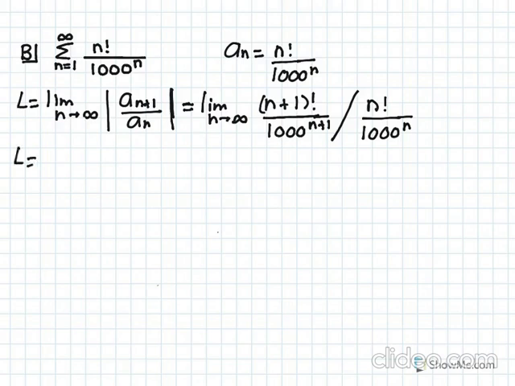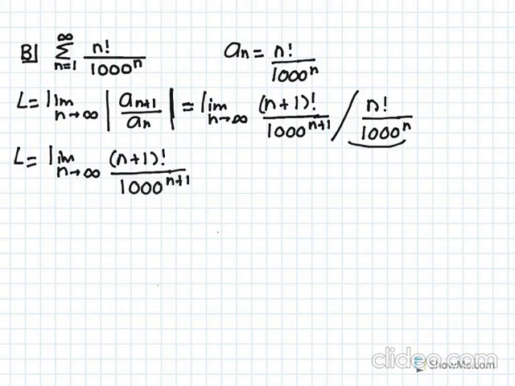All right, let's simplify this. So we get L is equal to the limit as n approaches infinity of n plus 1 factorial divided by 1000 to the power of n plus 1. We're dividing by this fraction, so we reciprocate it, so times 1000 to the power of n divided by n factorial. Now let's simplify it in such a way that we get cancellations.